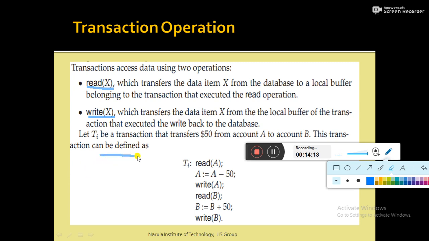Suppose this is the hard disk, let me draw it. I am writing HD, which means hard disk. Suppose in the hard disk the data item or the database X is stored, and suppose this is RAM.